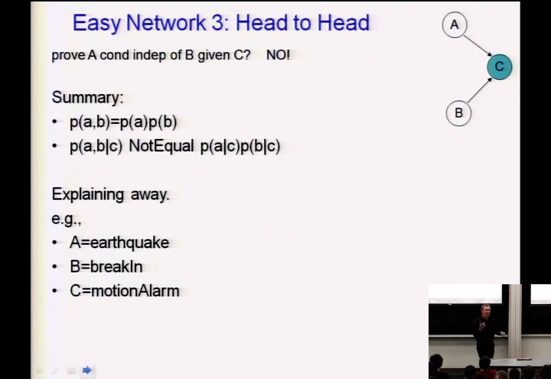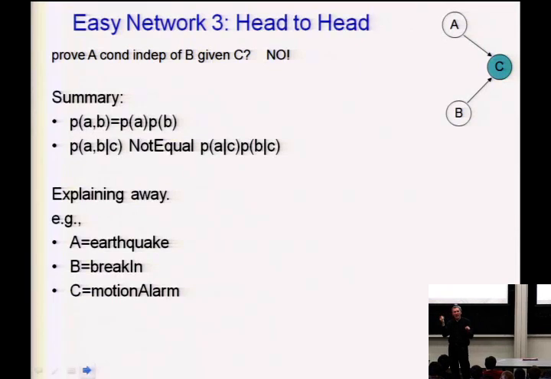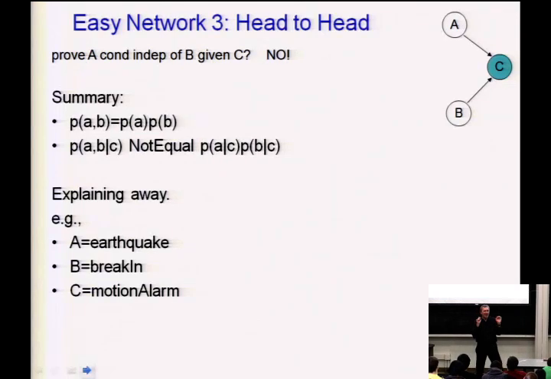But if I know that there's a motion alarm, if I know C, then all of a sudden, if I know yes or no, was there an earthquake, it changes the probability I'm going to assign to whether or not there was a break-in. Right? If I tell you C equals 1, there's a motion alarm going off in your apartment right now, and you're trying to estimate the probability of a break-in, now I tell you, don't you want to know whether there's an earthquake?